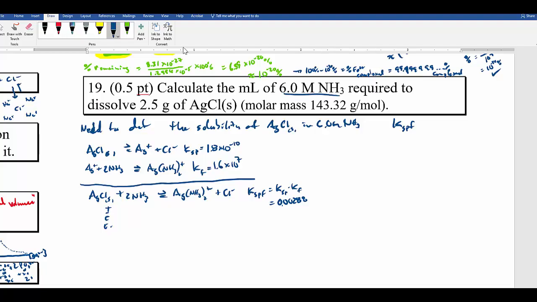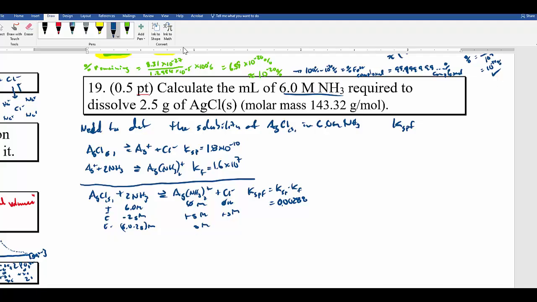So this is 6 molar ammonia, and so we're seeing what is the solubility in 6 molar ammonia. So let's assume nothing is dissolved yet here. And then this is going to be minus 2s. This is going to be plus s. This is going to be plus s molar. And so we're going to get 6.0 minus 2s molar here.